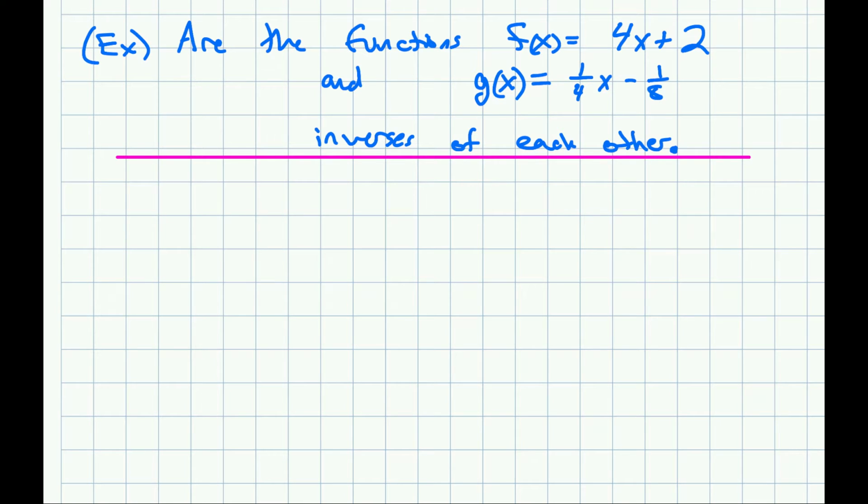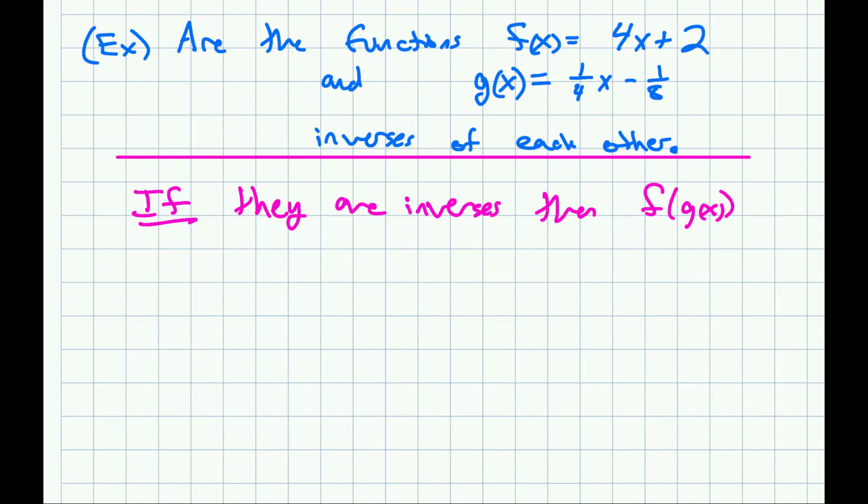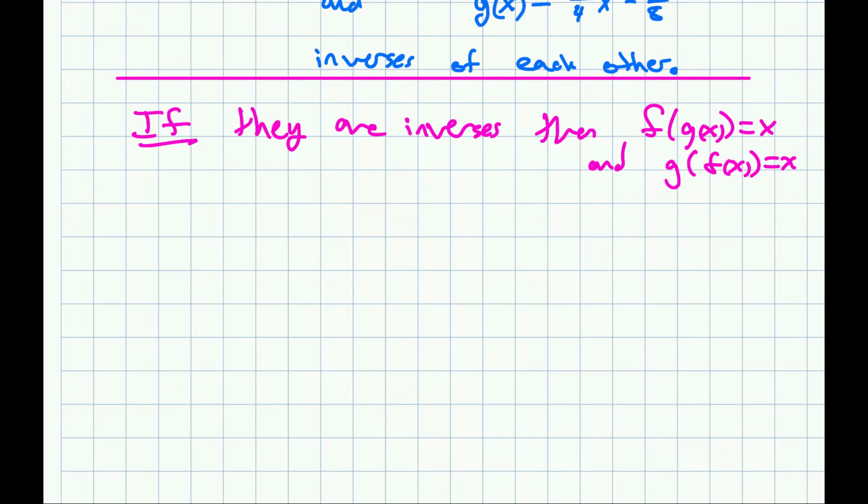According to the definition, if they're inverses, then f of g of x is x and g of f of x is x. So we need to check both of those properties.